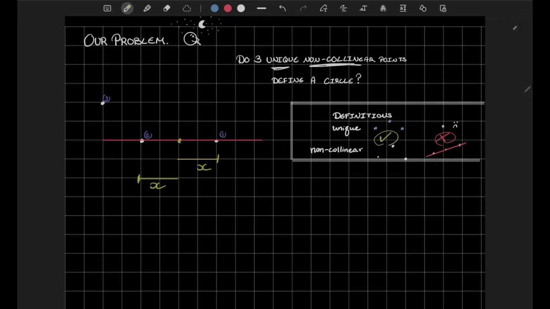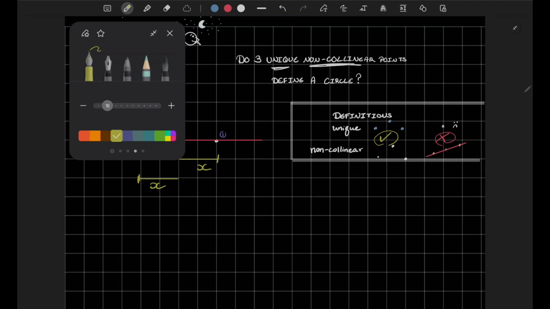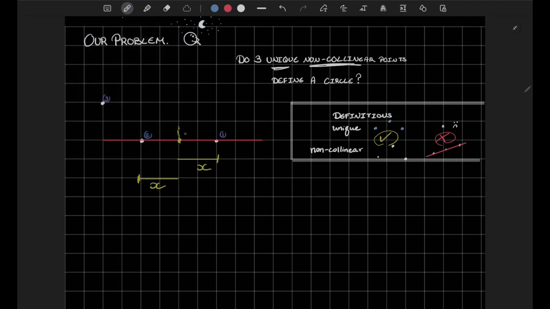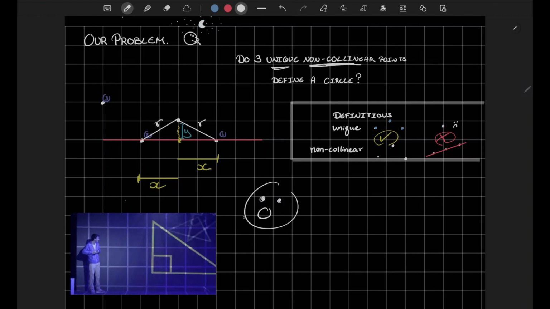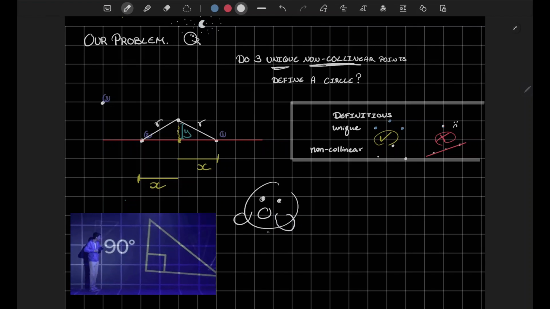Now what if we were to go a little bit up? Would that work? It should, because here we've got some distance y. This distance y would be shared between points 1 and 2, and we know that this distance would then be the same. We know this from our dear friend Pythagoras, a name that has probably either given you nightmares or you've just heard it so many times.